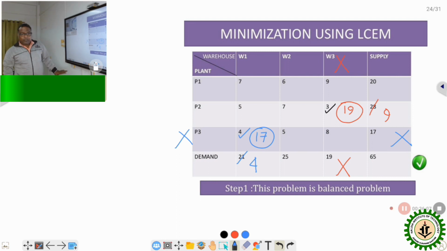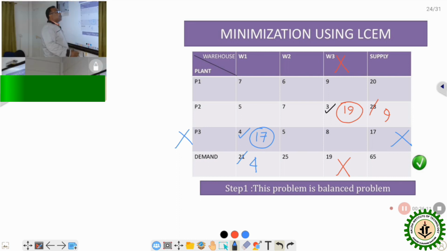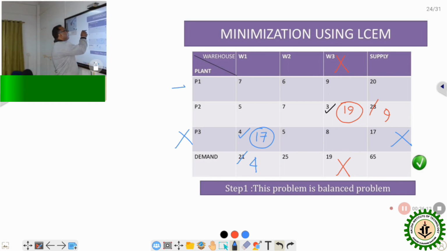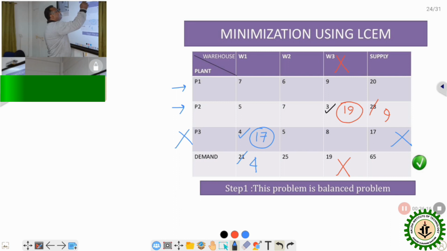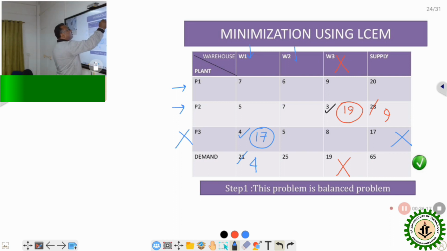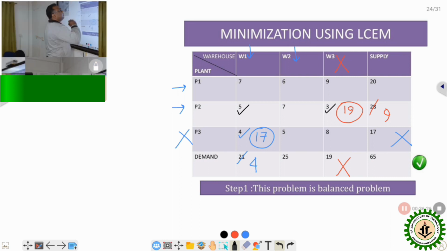Am I clear? So now the new matrix consists only of P1, P2, W1 and W2. What is the minimum cost? Minimum cost you can see now. What amount can you send here?